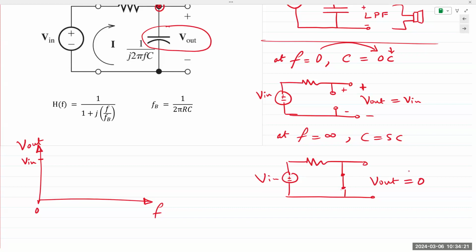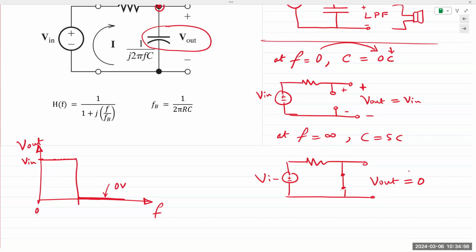If you increase the frequency to 1 hertz, 2 hertz, 3 hertz, and so on, it would still be equal to V in, until it reaches a certain point, which I'll explain in just a little bit, where the output drops all the way to 0.